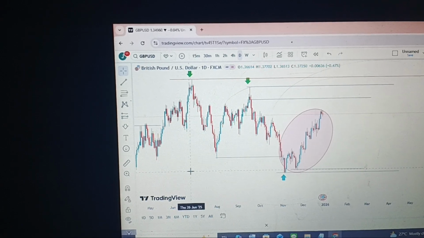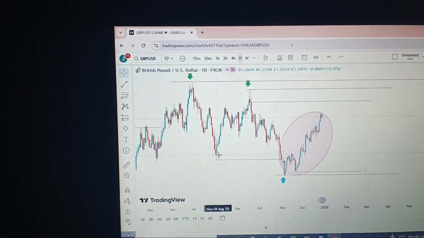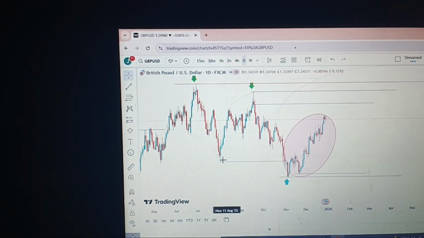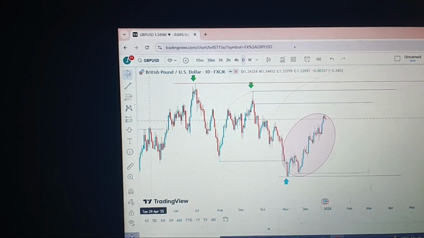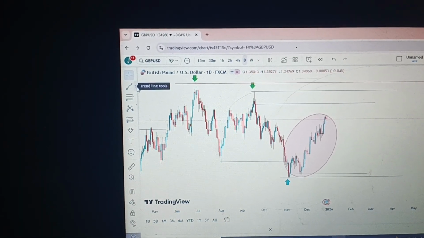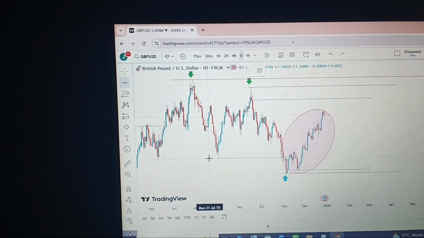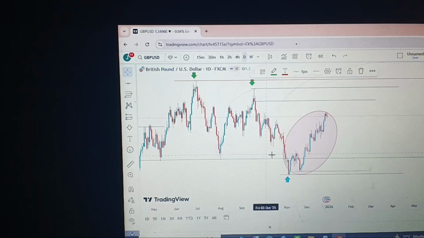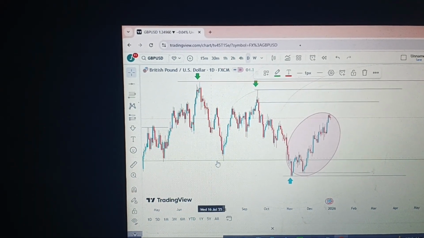I'll explain better, because the reversal here is not in line with the previous lower low. There's no double base, like I think I've explained before, a situation whereby it's forming at the previous lower low, creating a double bottom reversal point in confluence with the previous low.